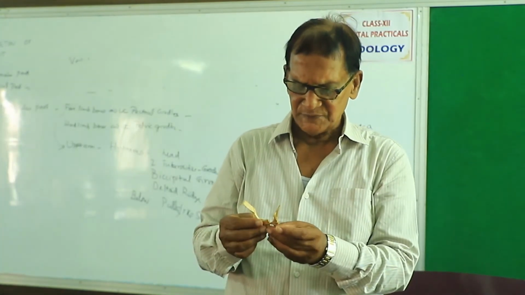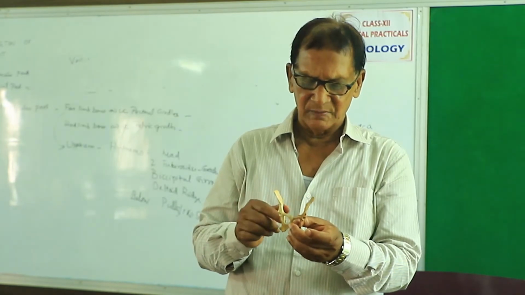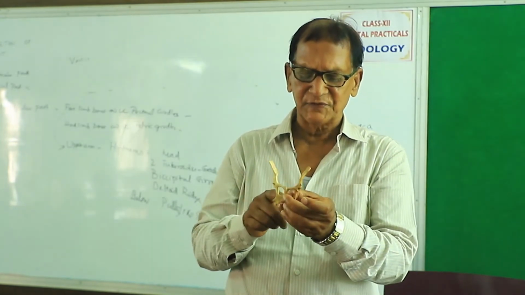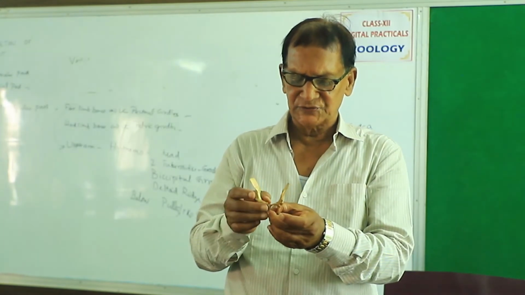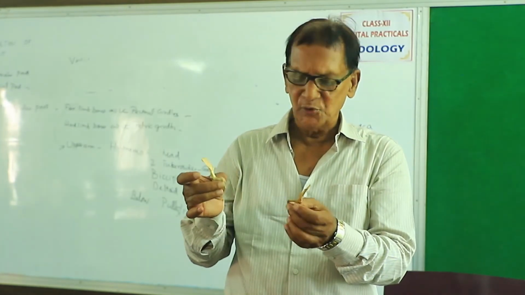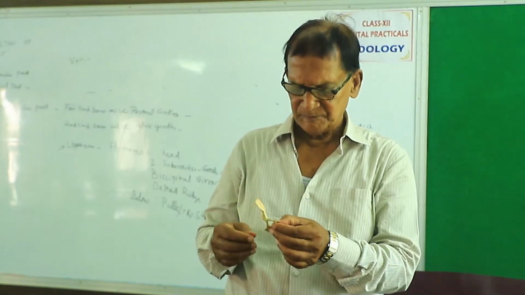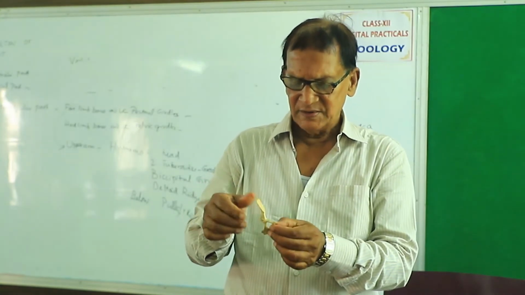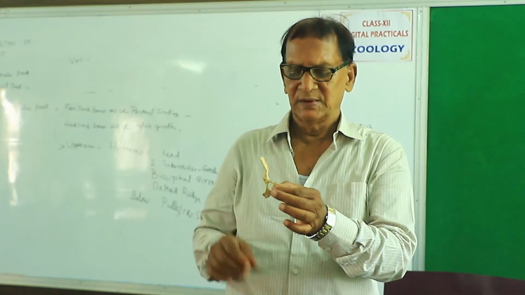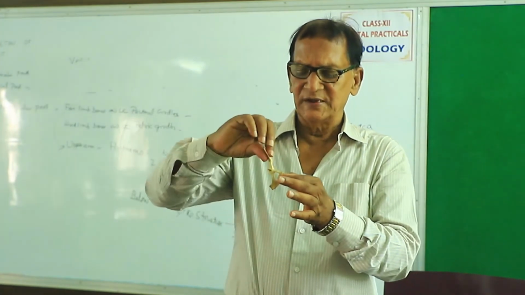Now, the two halves are attached along a common surface that is called the pubic symphysis, because this part is called the pubis. Each half possesses three parts: ilium, ischium, and pubis. The ilium is long and flat.